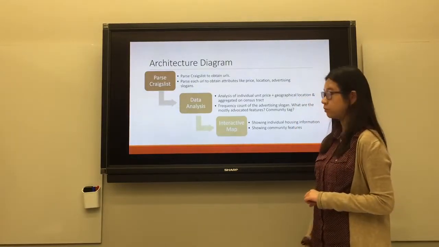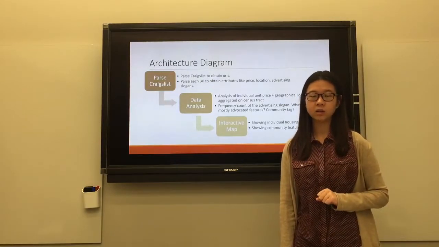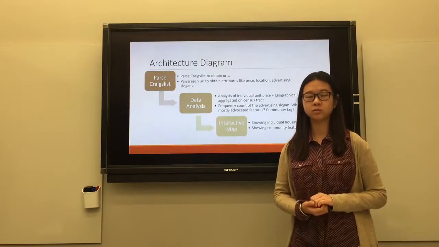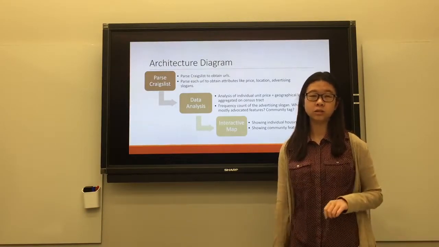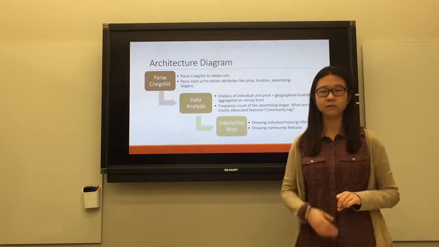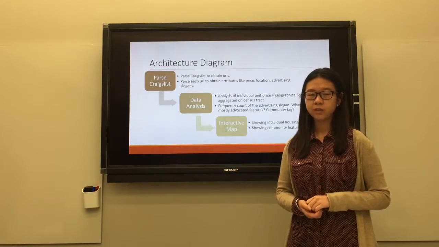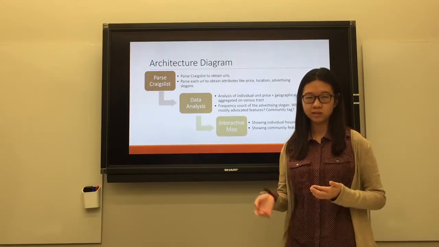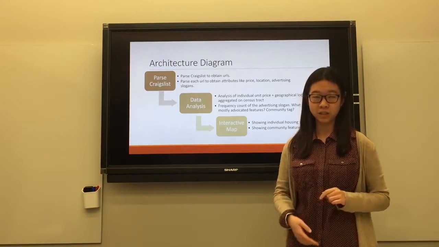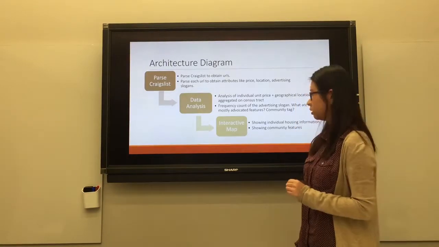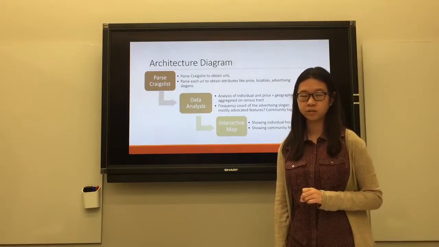We also want to do a frequency count, like a word cloud, for those advertising slogans. So we want to say what is the most commonly used keyword for these sellers to advocate for their units. So in terms of the keywords, we're thinking about public transit and other amenities. Lastly, we want to do the interactive map to show the individual location and also the community features.